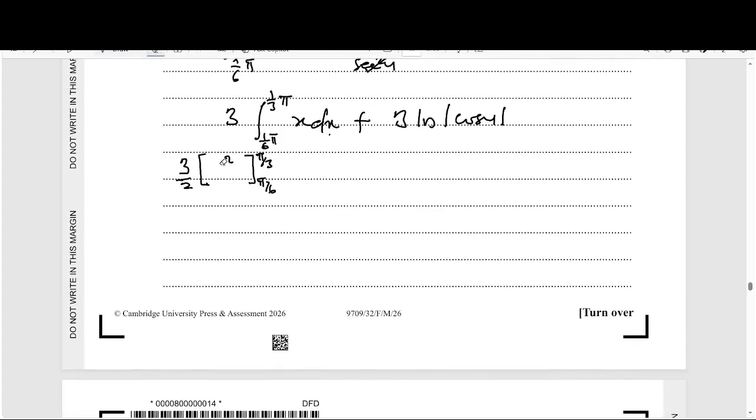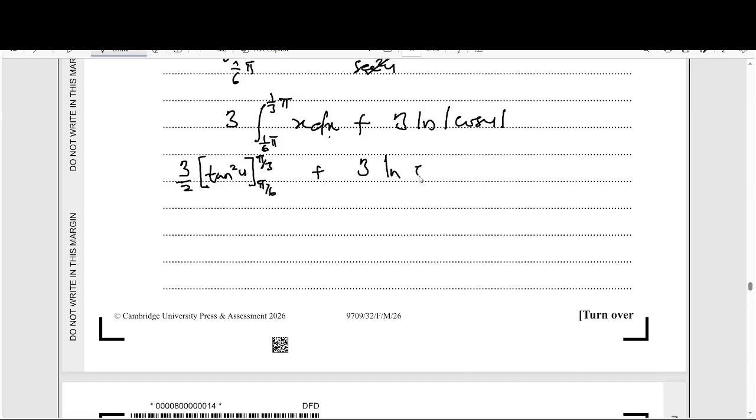I'm going to get this out and then replace it by tan u, which is going to be tan squared u. Then to the other side, I have 3 out, then ln of cos u, and then the constant out from pi over 6 to pi over 3 over here.